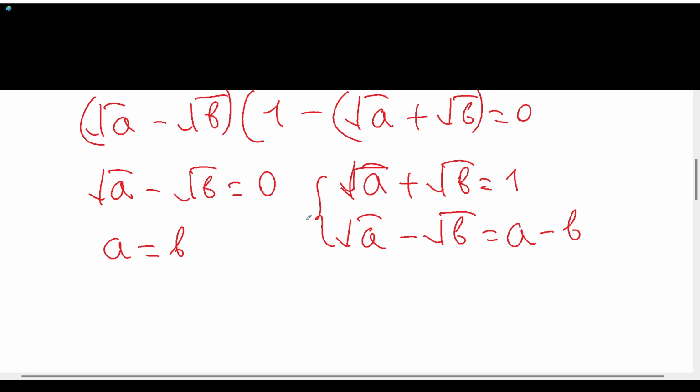If we solve the simultaneous equations, we can just find the sum, and it will be 2 square root of a, square root of b and square root of b will be cancelled, and we'll get a minus b plus 1.